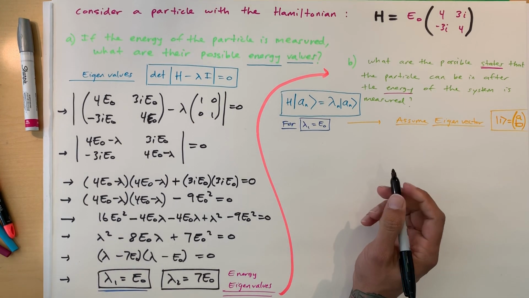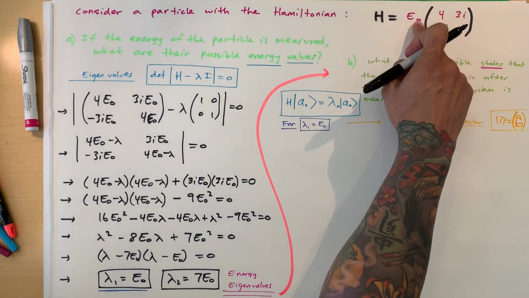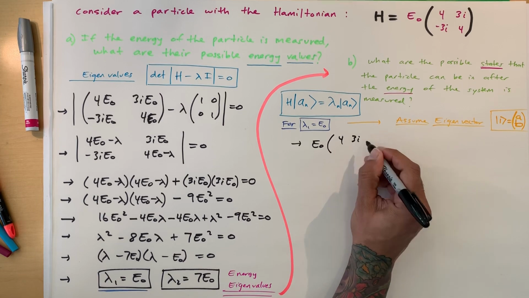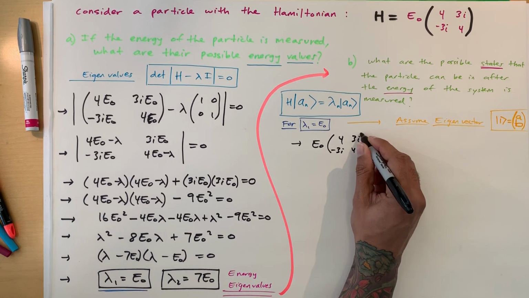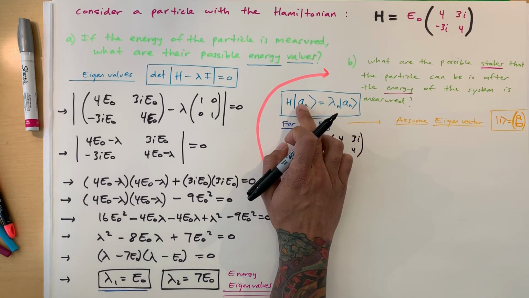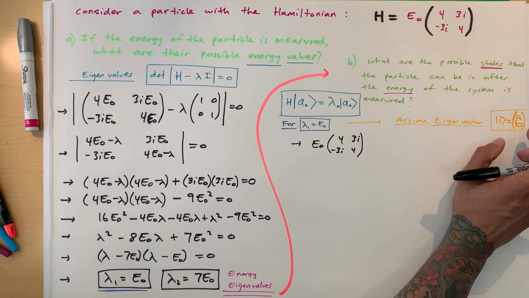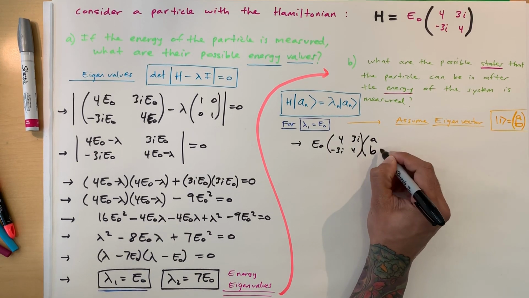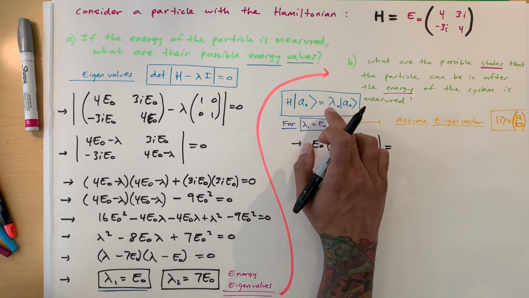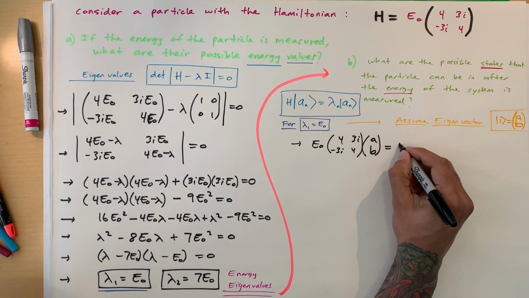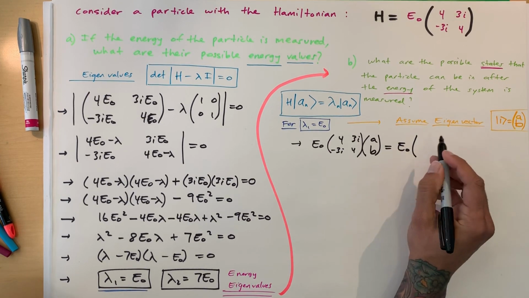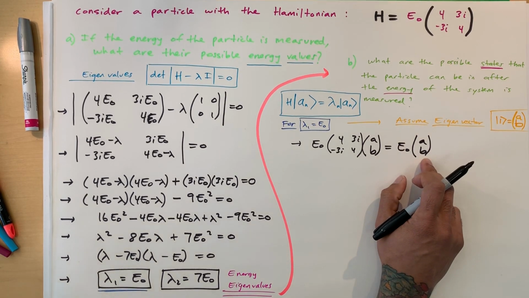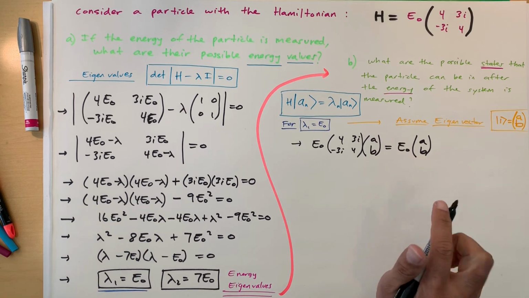So let's do the Hamiltonian, right? So we have E naught, 4, 3i, negative 3i, and 4, right? Then we have the state that we assumed, the eigenvector we're looking at, a, b, equals the lambda that we chose, E naught, and again, the state vector.